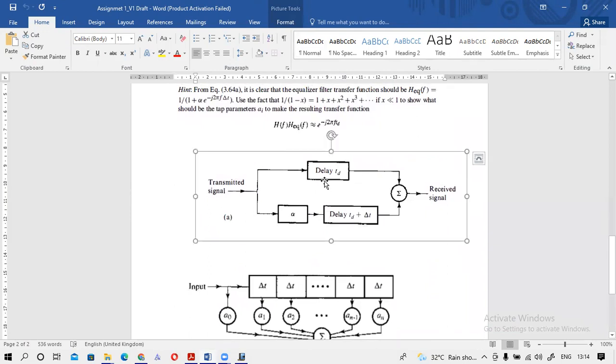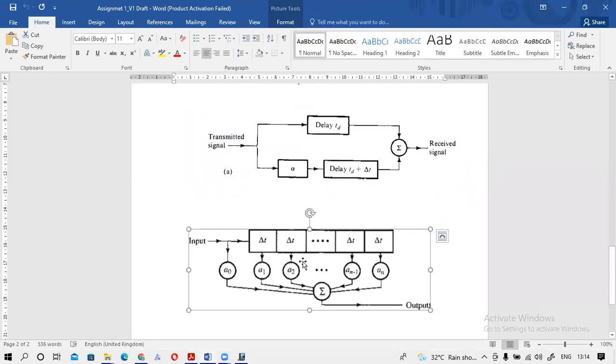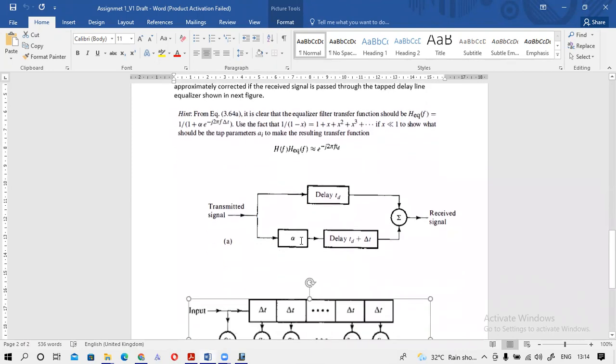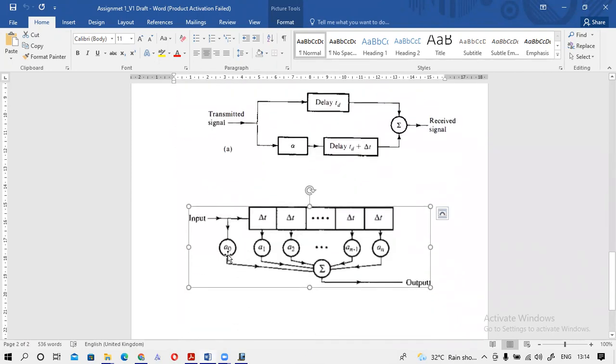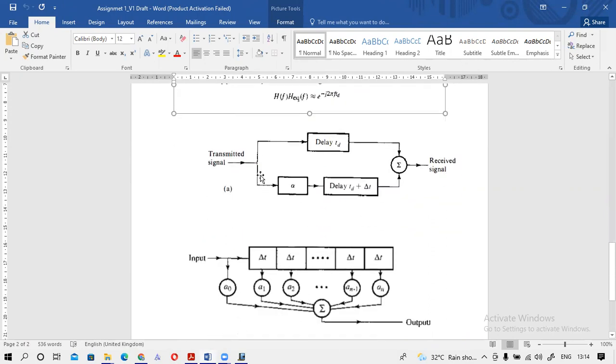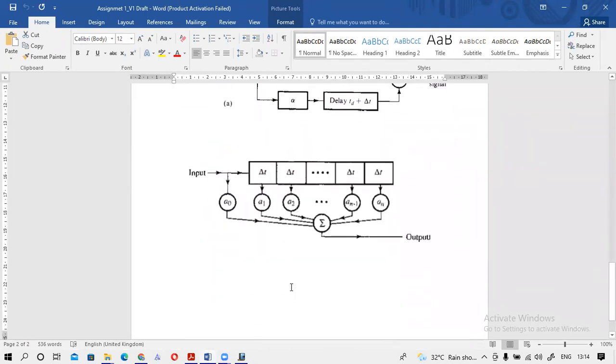This is our channel, channel is given, and we are given the equalizer, and we need to find the coefficients, these weighting factors, A0, A1, these step parameters. So these are weighting factors of the filters. So we have to estimate these parameters. So we will try to do this.